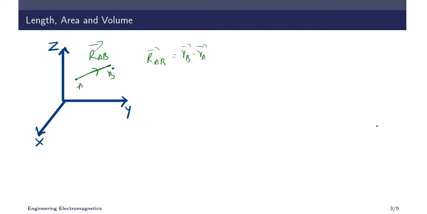Now about area. So if you have a Cartesian coordinate system like this with z axis, y axis and x axis, along this you have a plane, for example.